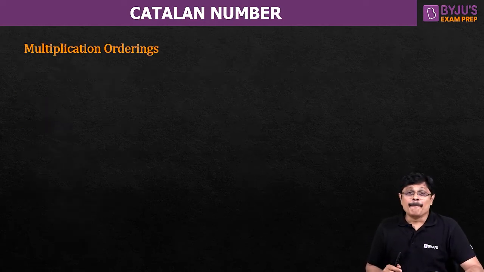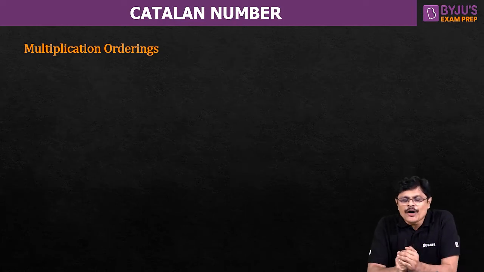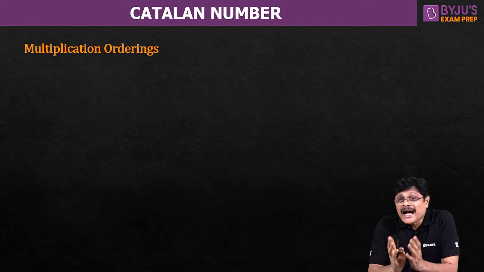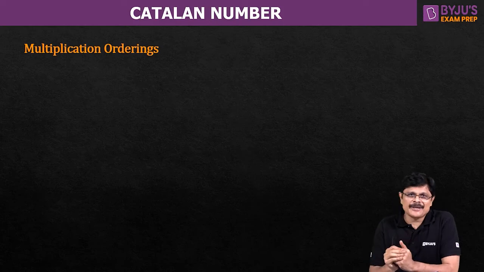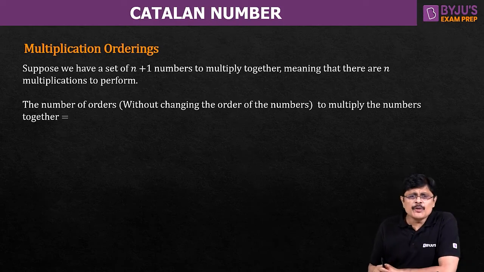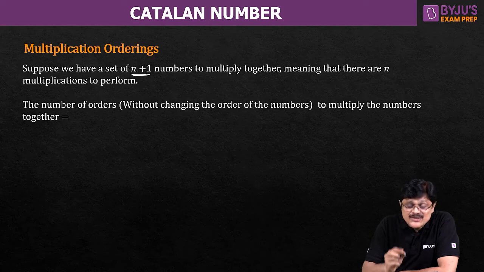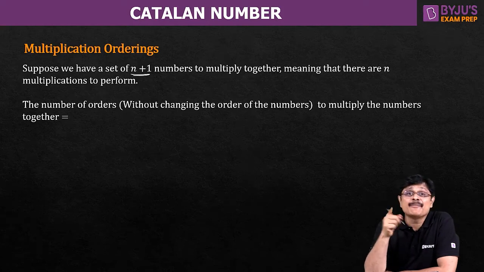Next one, multiplication orderings. This is useful when you do your matrix chain multiplication problem in the algorithms course under dynamic programming. Suppose we have a set of n plus 1 numbers to multiply together.